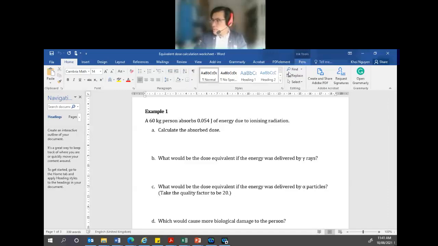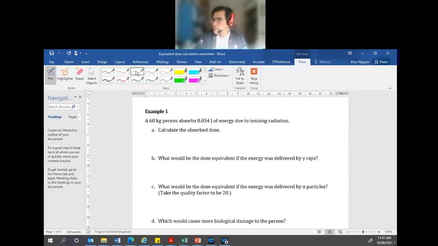So here, example 1, we have got a 60 kilogram person who absorbs 0.054 joules of energy due to ionizing radiation, and we need to calculate the absorbed dose.